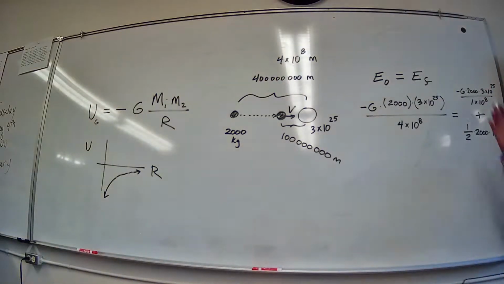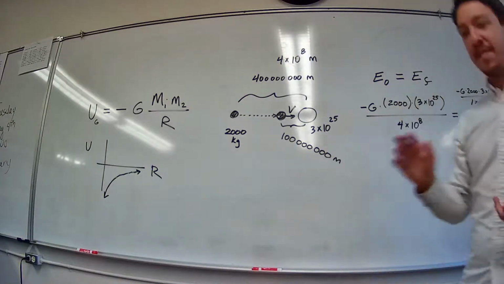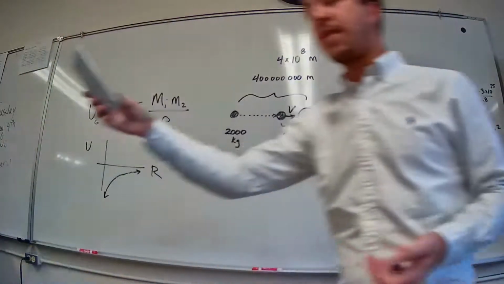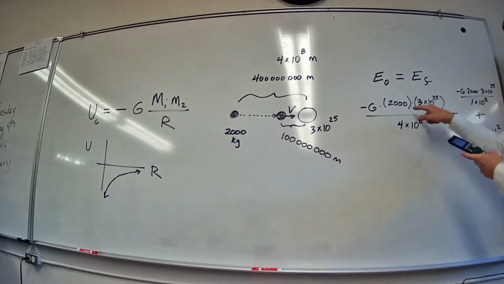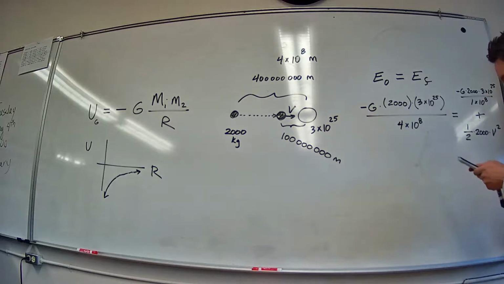Anyway, so if I go, do I still have G stored? I do. That's nice. So negative G times 2,000 times 3 times 10 to the 25th.